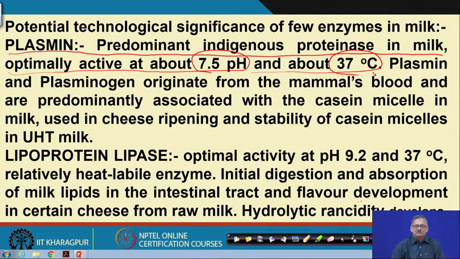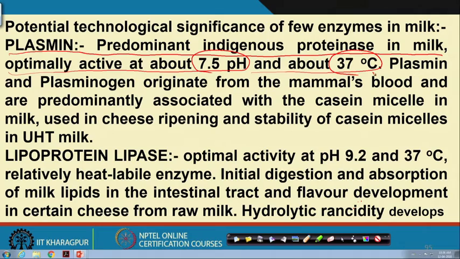It is the combination of pH and temperature that acts on the enzyme. Some enzymes are active at lower pH, some at higher pH, and this combination of temperature and pH helps the enzymes to act.